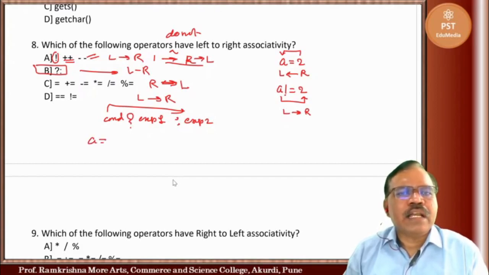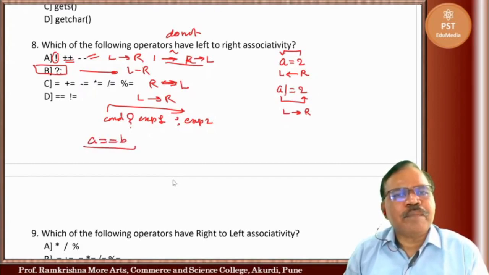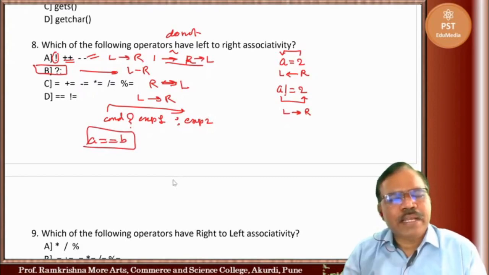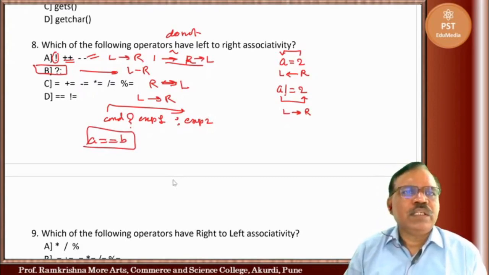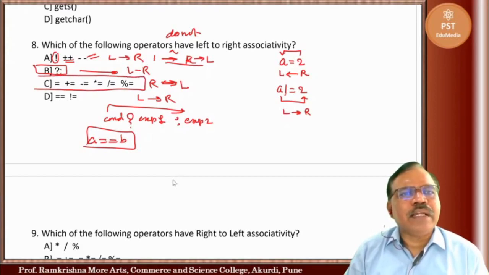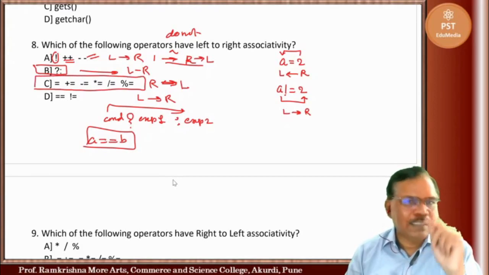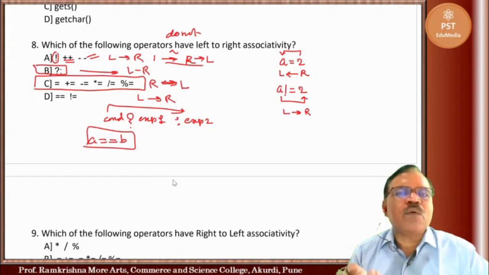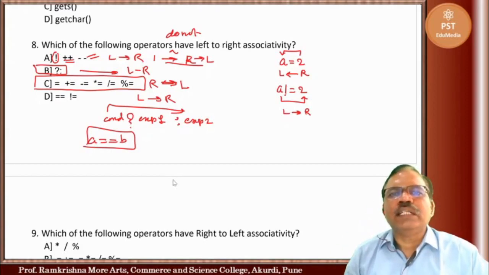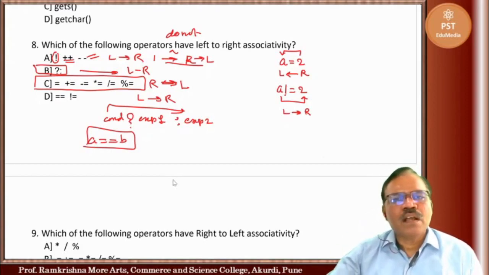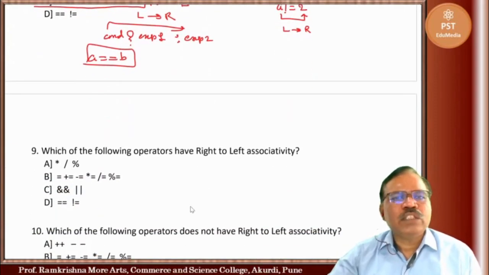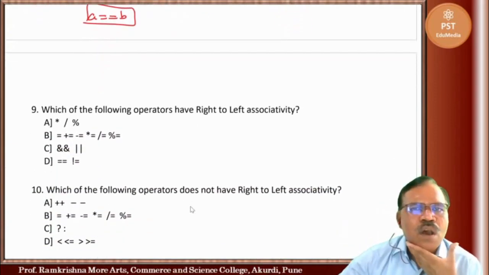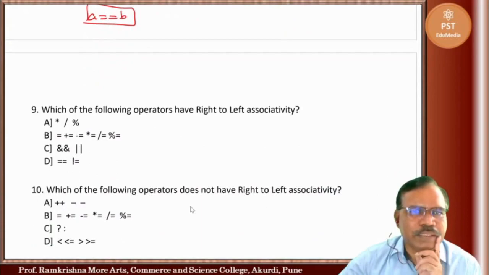So A equal B means we compare equality. So we compare A with B. So here these are assignment operators. They have right to left associativity. Now, which of the following operators have right to left associativity?